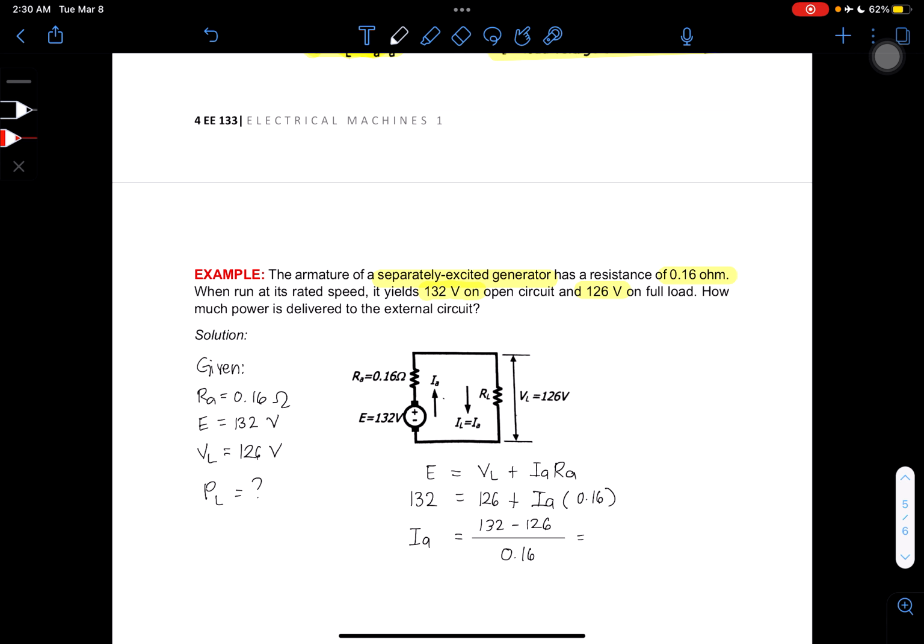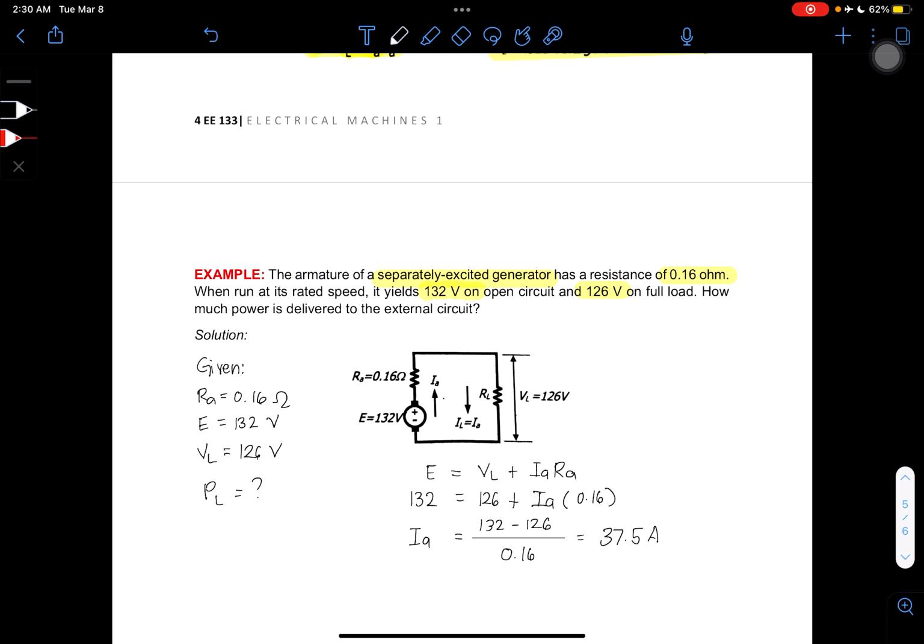So, let's use the calculator. 132 minus 126 divided by 0.16, our answer will be 37.5 amperes.